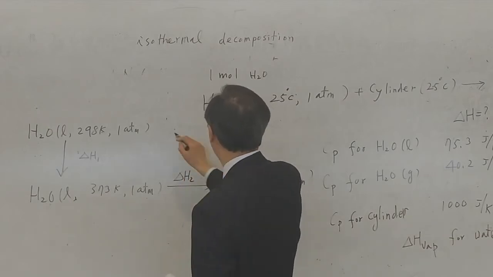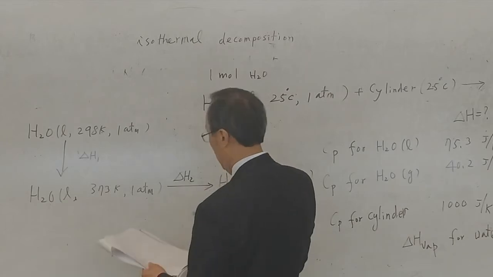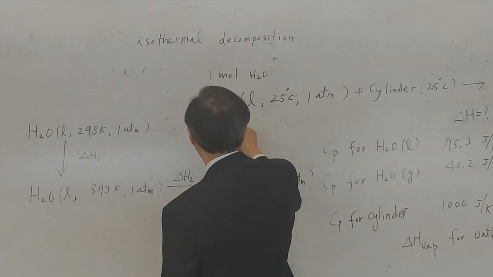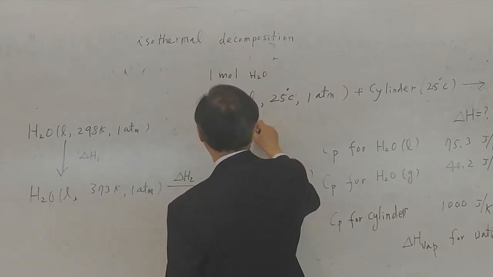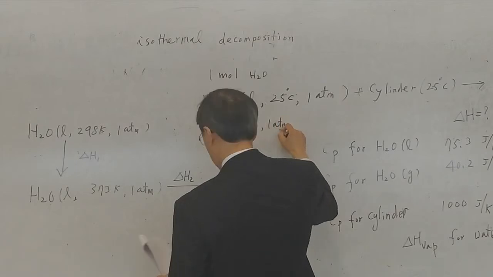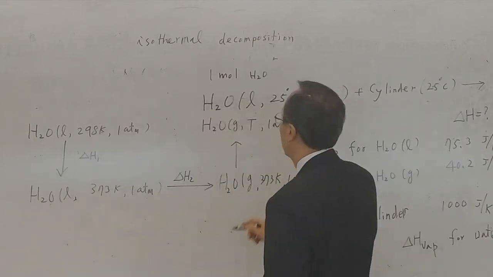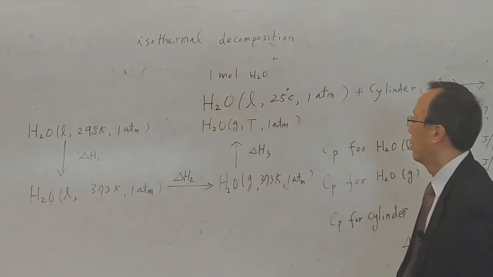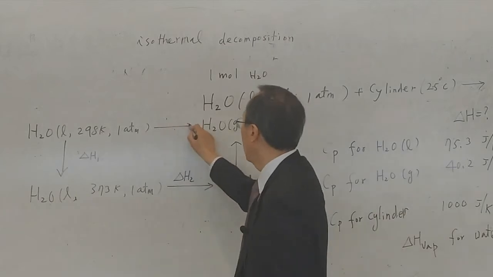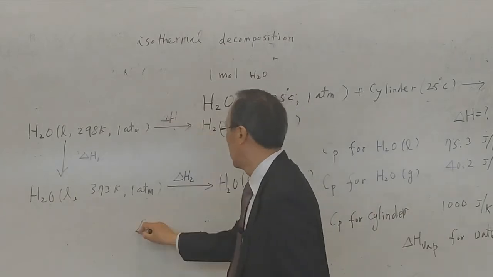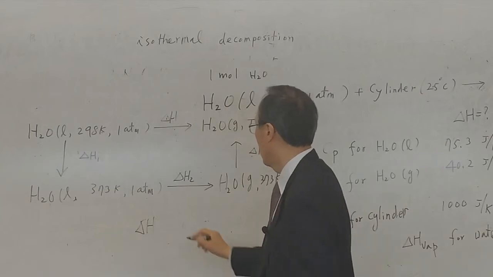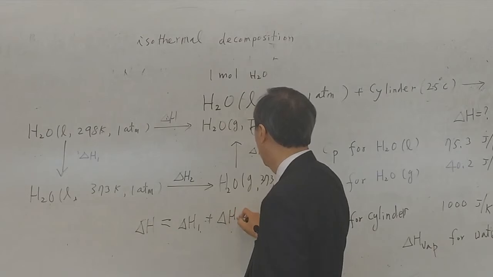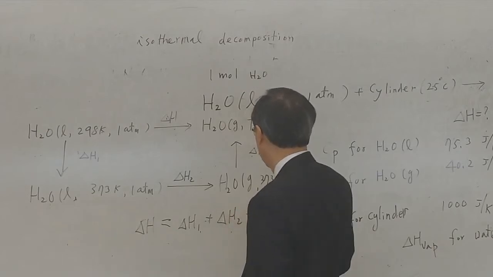Then this goes to H2O gas at T, 1 atmosphere. This we call delta H3. So according to Hess's law, delta H equals delta H1 plus delta H2 plus delta H3.